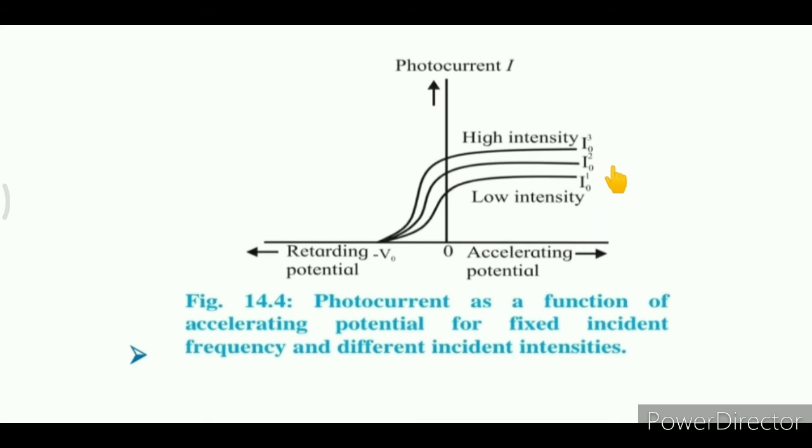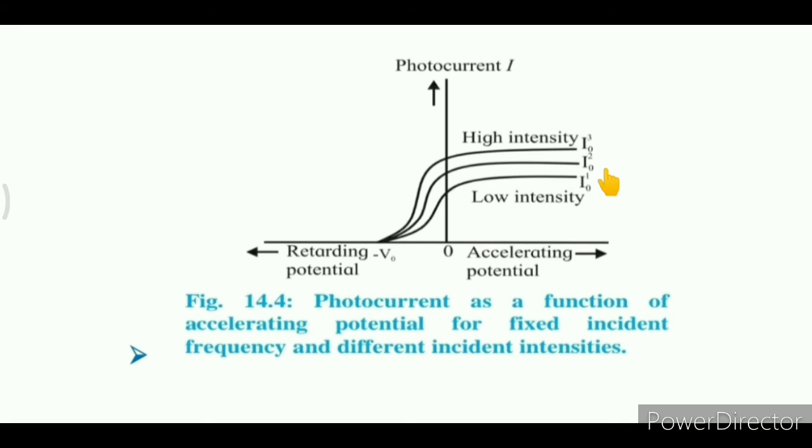So here we can say that by keeping the accelerating voltage and incident frequency fixed, if the intensity of the incident radiation is increased, the value of the saturation current is also increased. The nature is the same, but the value of the saturation current for the first intensity is less than the value of the saturation current for the second intensity that we have chosen and kept fixed.